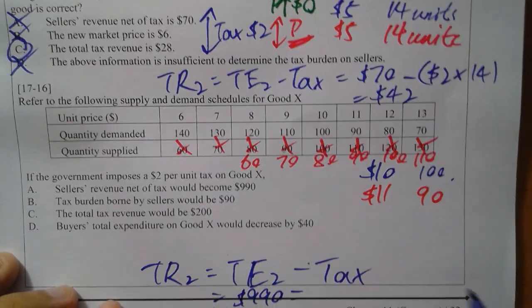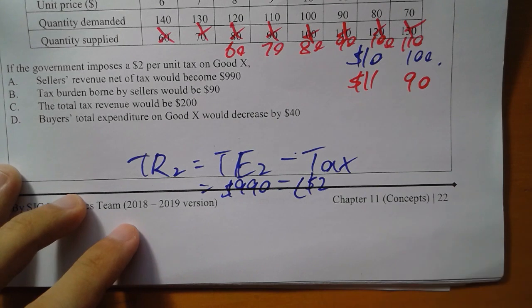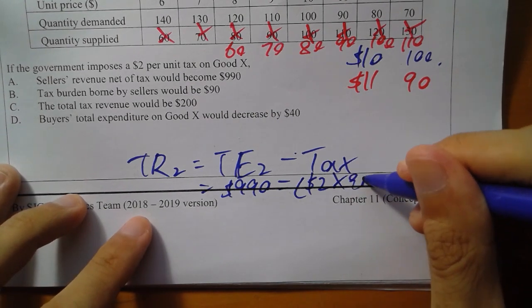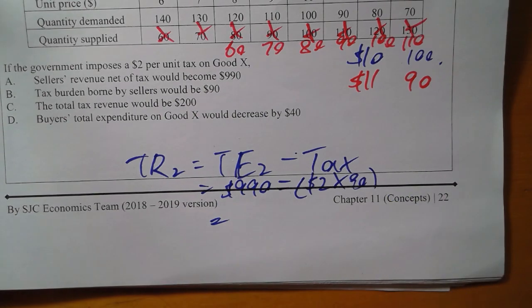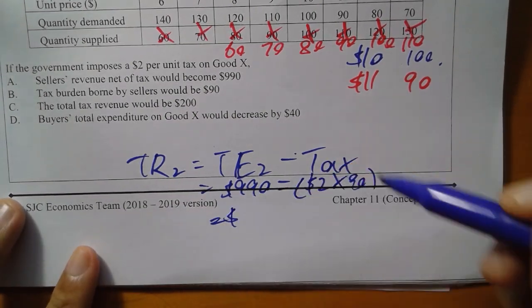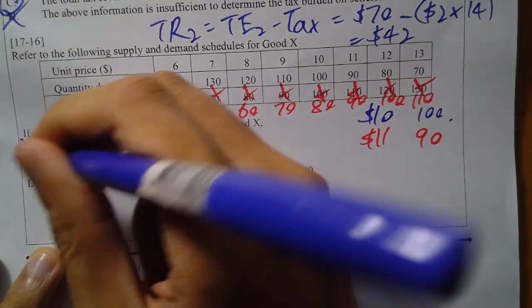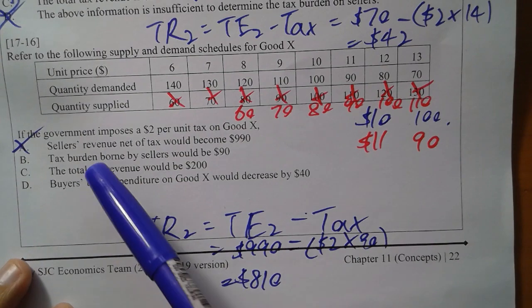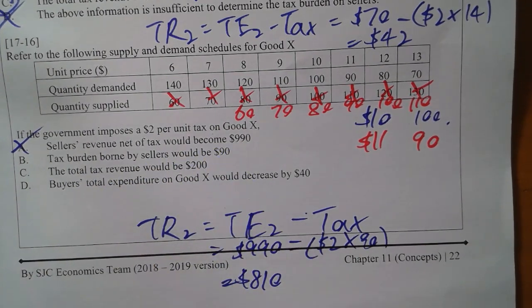Now for the tax, how much tax is there? $2 per unit. We are selling 90 units. Obviously, it is much lower than 990. How much should it be? It should be 810, right? So unfortunately, this is not correct. Now tax burden borne by the sellers would be $90.